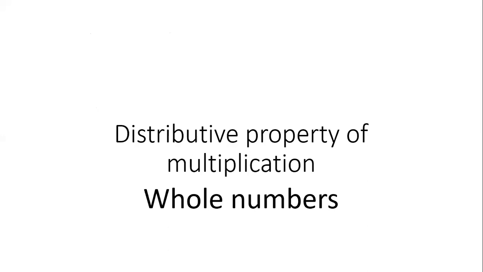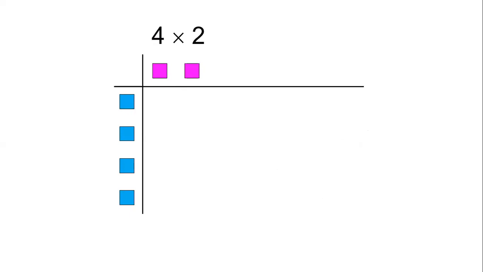Now, after doing this much work, when it came to the distributive property of multiplication, for whole numbers it is easy, and this is used a lot. Anytime you are doing multi-digit multiplication, at the heart of it is this.